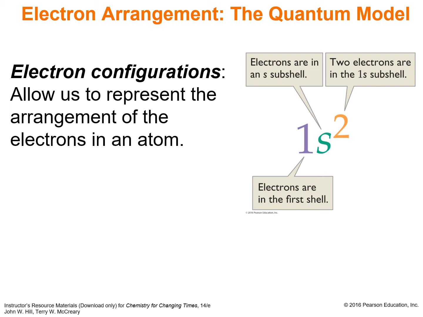In the example shown here, you see 1s squared, where 1 is telling you the electrons are in the first shell, s is telling you that the electrons are in the s subshell, and 2, as I told you before, is telling you there are 2 electrons in the 1s subshell.